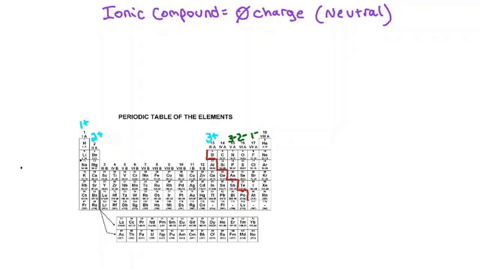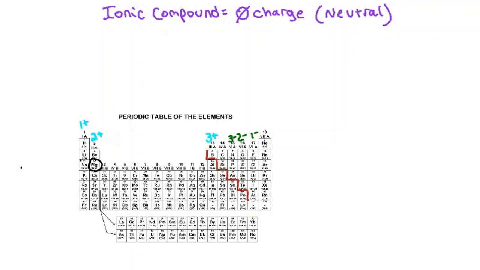Now let's just do one more of these just to make sure that the math doesn't get confusing to you. So let's do, and again, I'm just making this stuff up as I go along, picking something from the metals and something from the non-metals. So let's do magnesium phosphide. So here's magnesium in the periodic table.